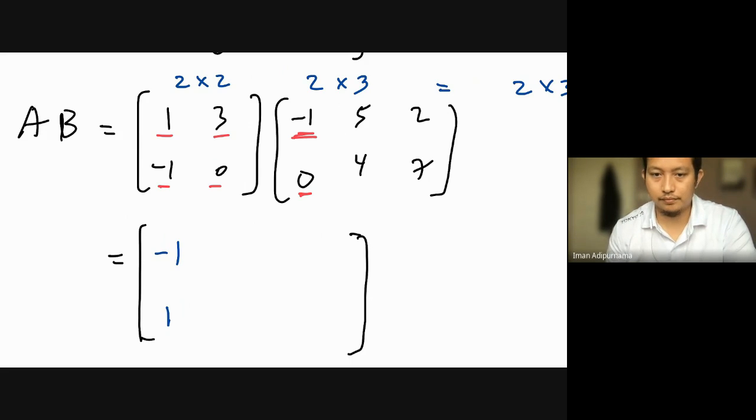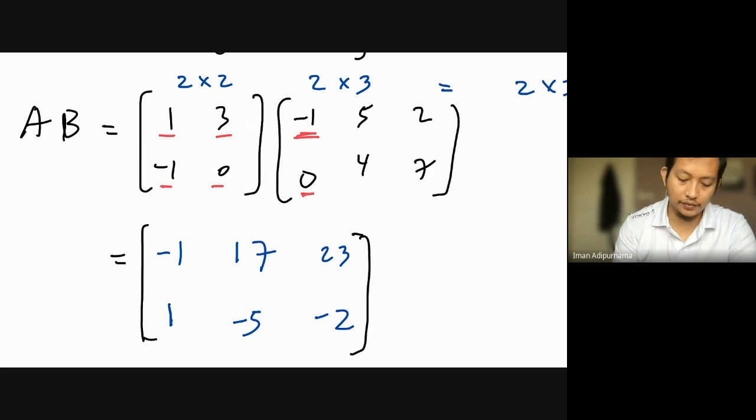And same way, the second column, we will get from 1 multiplied by 5 is 5, plus 3 multiplied by 4 is 12, 12 plus 5 is 17. Okay, and the second row, second column, we will get -1, 5, 0, 4, 0, it's -5. And same way, we are getting 21 plus 2 is 23 and -2 at the end.